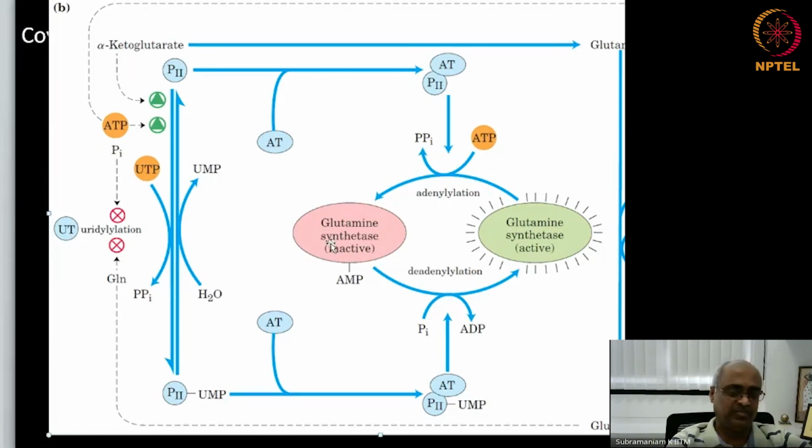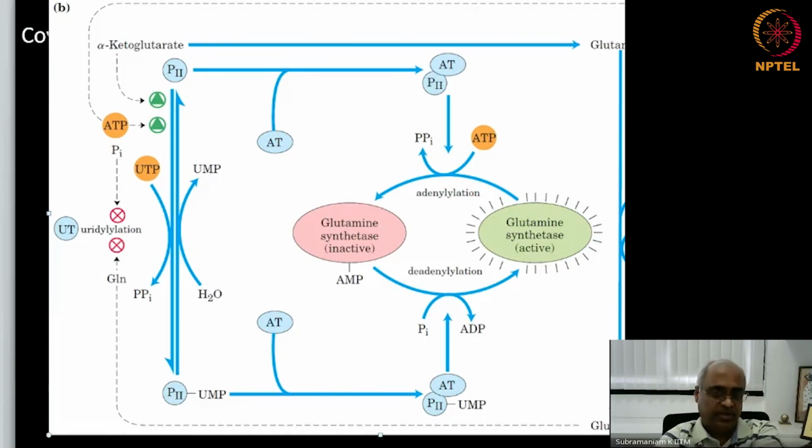Therefore, no product is produced. On the other hand, if substrates are there, that is going to activate this enzyme. Therefore, you have this UMP-P2 that is going to promote the deadenylation, and therefore the enzyme becomes active, and you will make more glutamine. That is all you need to remember.